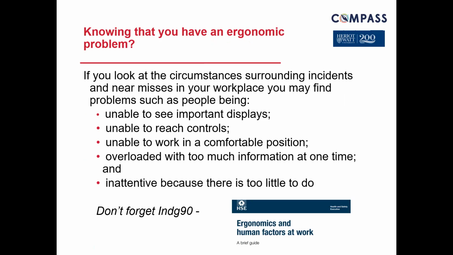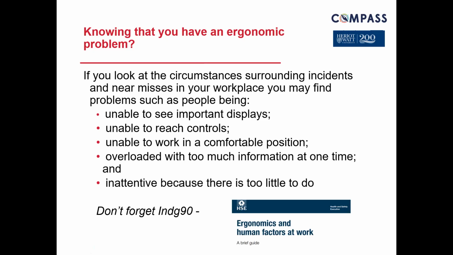And one of the areas of wider reading is Industrial Guidance 90. In that, it talks about the ergonomic aspects to prevent or control or mitigate some of the aspects of human factors. So starting off with something from that, I'll come back to HSG in a minute.